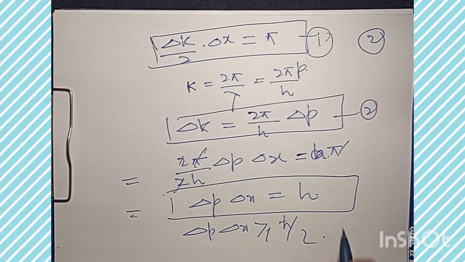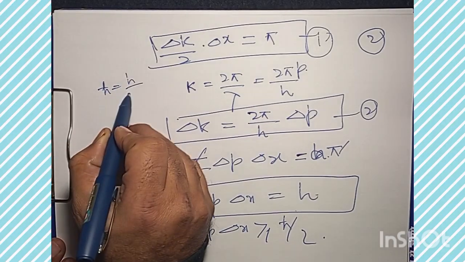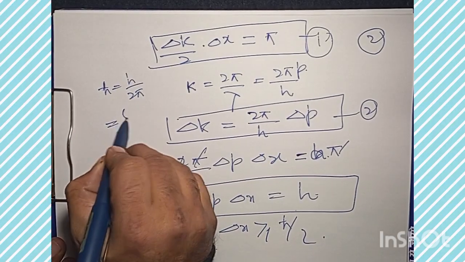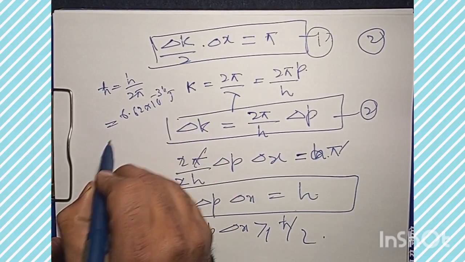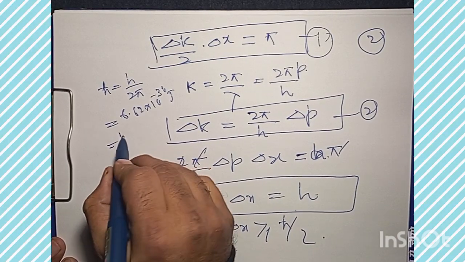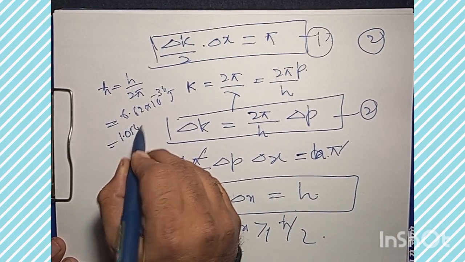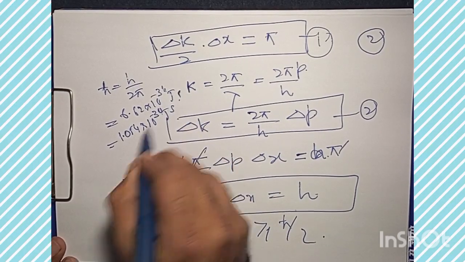And this h cross I would like to note down: h cross is h by 2 pi, and this h is 6.62 into 10 to the power of minus 34 joule second, and this h cross has a value of 1.054 into 10 to the power of minus 34 joule second.